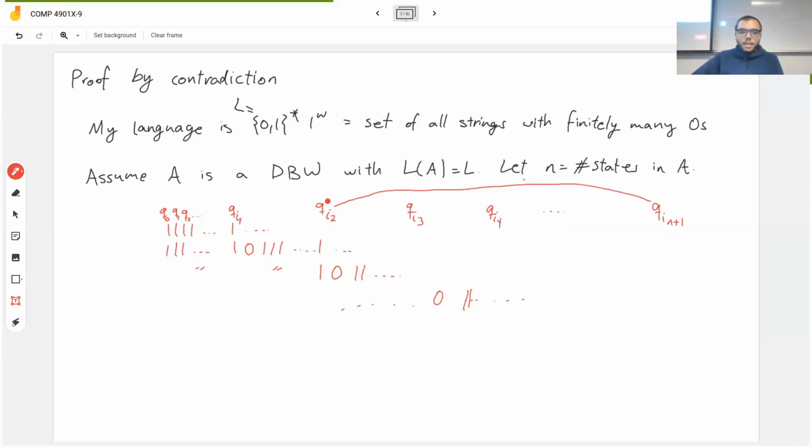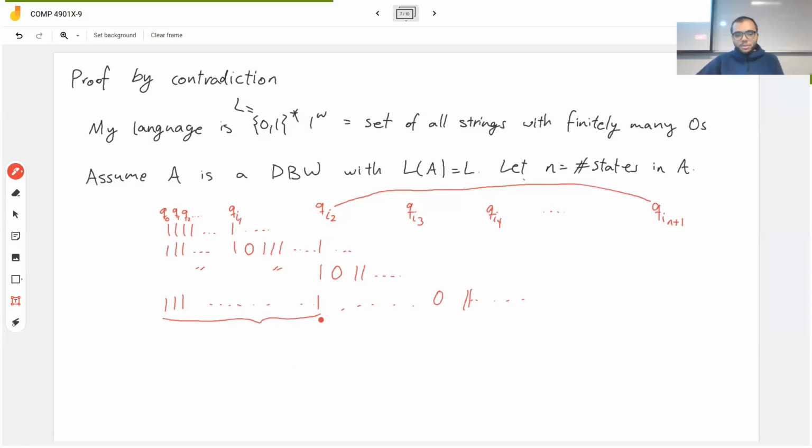But if these 2 accepting states are the same, it means that I started with this string and I got to this Qi2, right? And this was a prefix. I don't care about a finite prefix, but anyway, with a finite prefix, I got to Qi2.